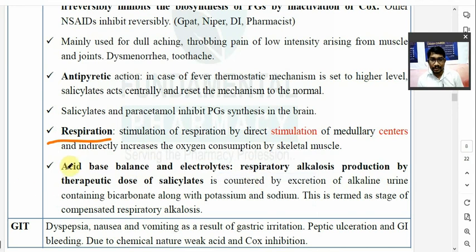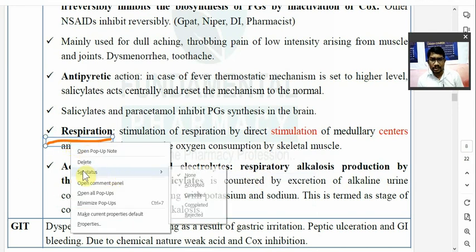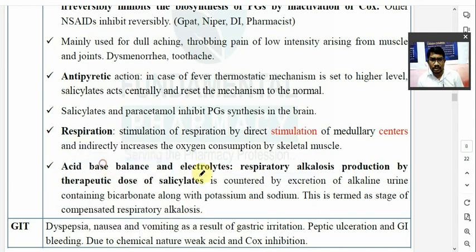तो ये क्या करता है कि because of the increase in the utilization of oxygen by the muscles, ये क्या करेगा? कार्बन डाइऑक्साइड का प्रोडक्शन बढ़ाएगा. Because of that increased carbon dioxide production, so respiratory alkalosis होगा. To counteract that respiratory alkalosis, your body will try to remove that carbon dioxide either from your breath, okay, or also by kidney.